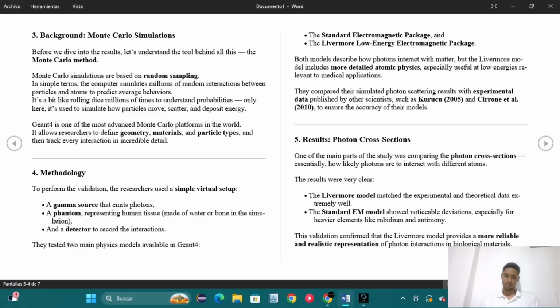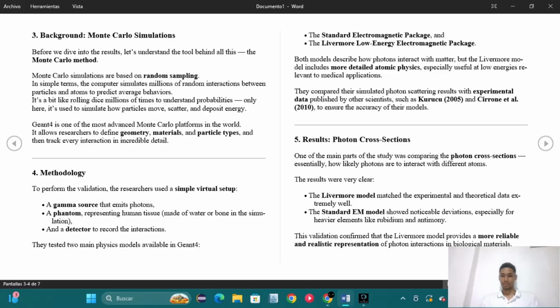They tested two main physics models in Geant4, the standard electromagnetic model and the Livermore model, the low energy electromagnetic package. Both models describe how photons interact with matter, but the Livermore model includes more detailed atomic physics, especially important for low energies relevant to medical applications.